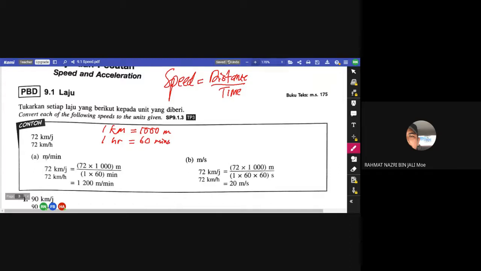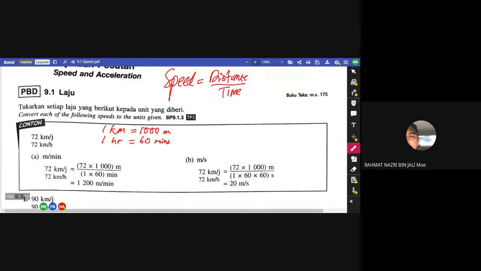So a kilometer change to meter, we have to multiply it by 1000 meter. And then hour we change to minute, so we have to multiply by 60. So lastly, we simplify it, so we get 1200 meter per minute.